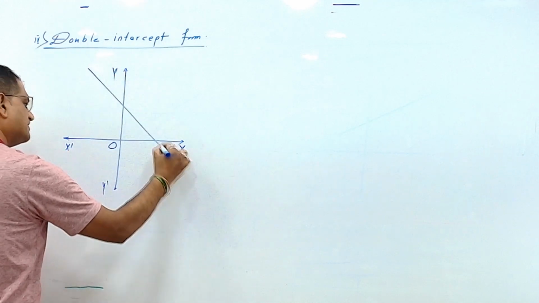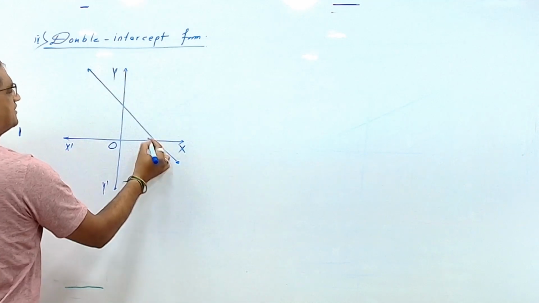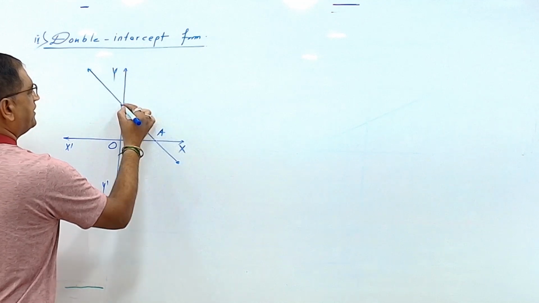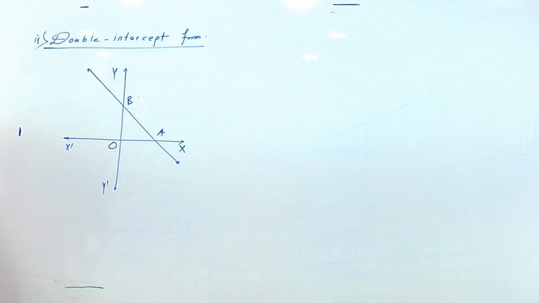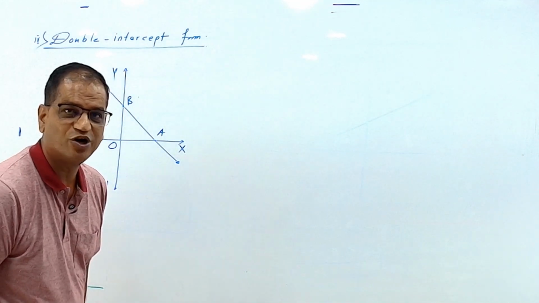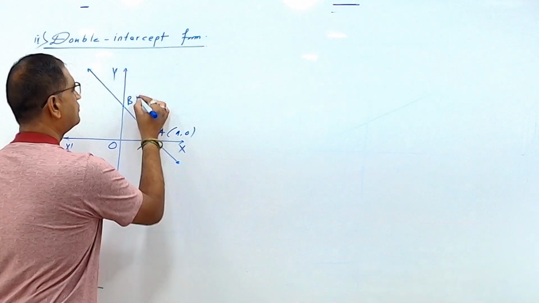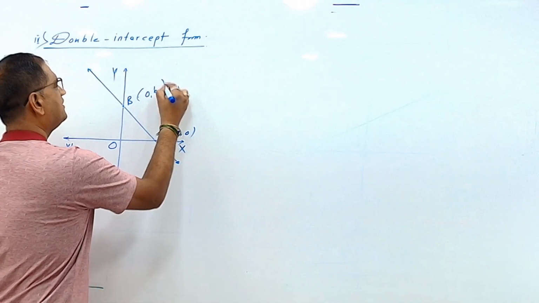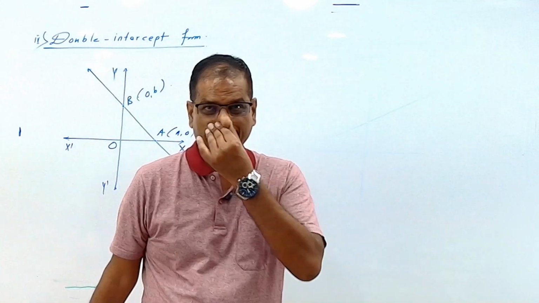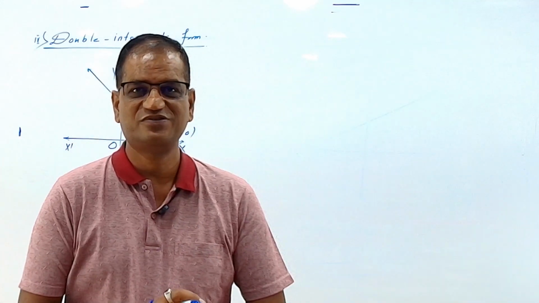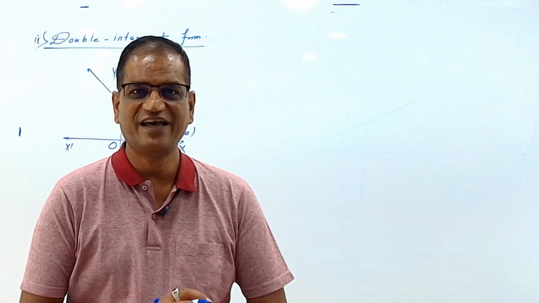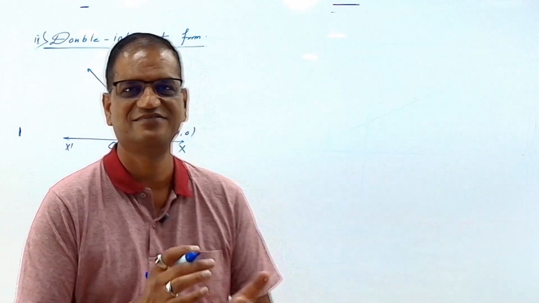Say for example, this is the line intersecting x-axis at point A, y-axis at point B. And the coordinates of point A is a, 0. Coordinates of point B is 0, b. Will you be able to tell me what are the x and y intercept of this line?